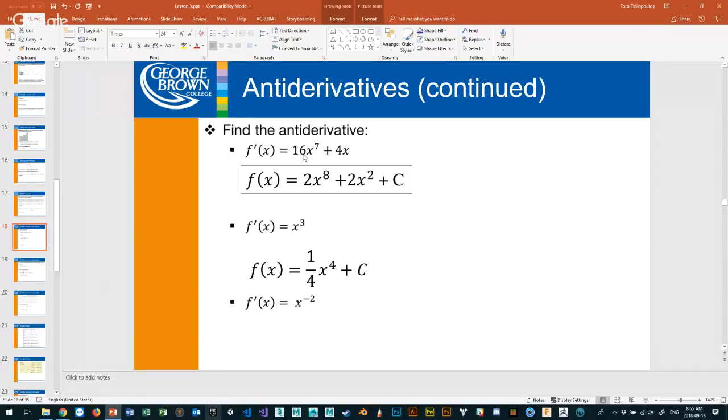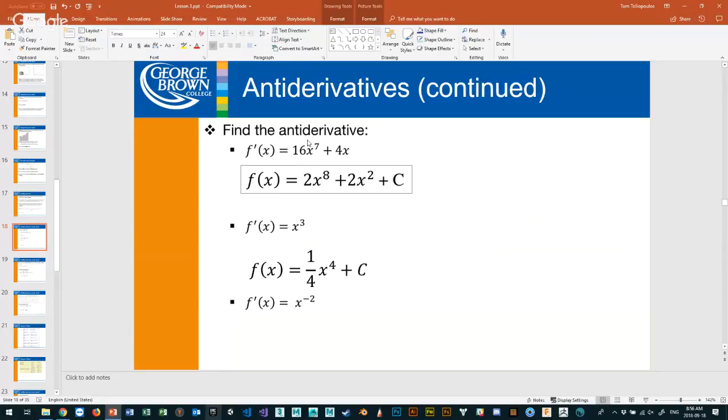And if I take 8, whatever the number is, and divide it by the original number in front, then you're going to get 2. So that's my method. My method is add 1 to the exponent in the integral form, so 7 plus 1 would be 8. Take that number, whatever it is, and divide it by the number that's in front. Okay? And then you're going to get 2x to the 8.